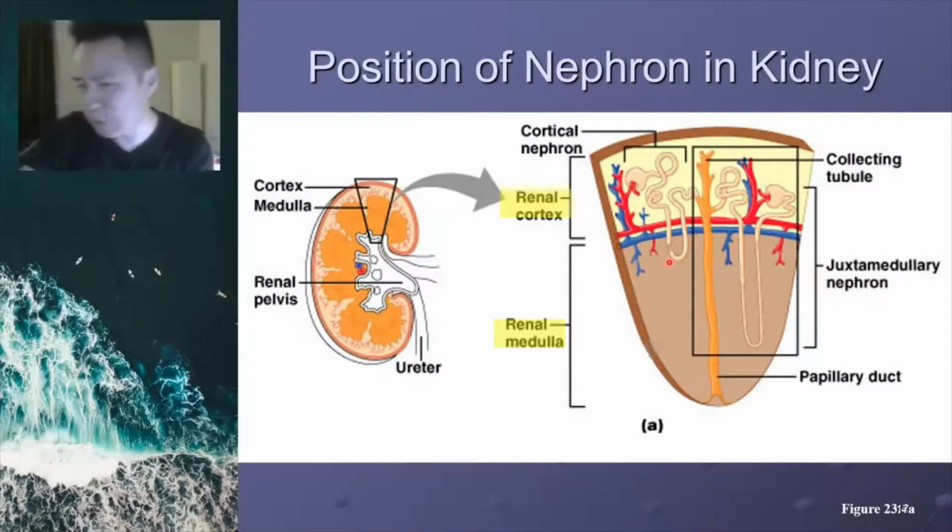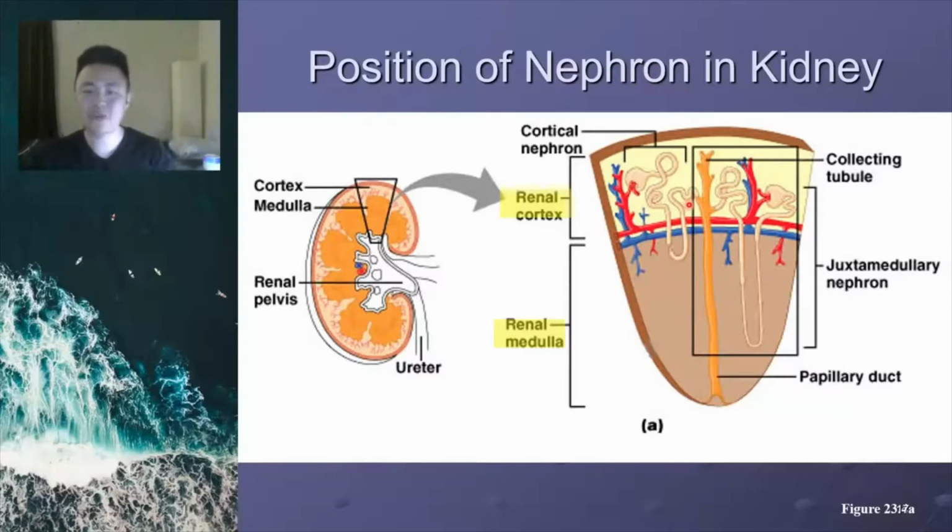I want that molecule to come back in, but other ones to go out. So it picks and chooses which molecules it wants in the filtrate and which ones it wants to return back into the body. That's what I mean by permeable. So as you go down and up this loop of Henle, the permeability for different compounds changes. Okay, and then finally it gets into the collecting tubule and out through that collecting duct.